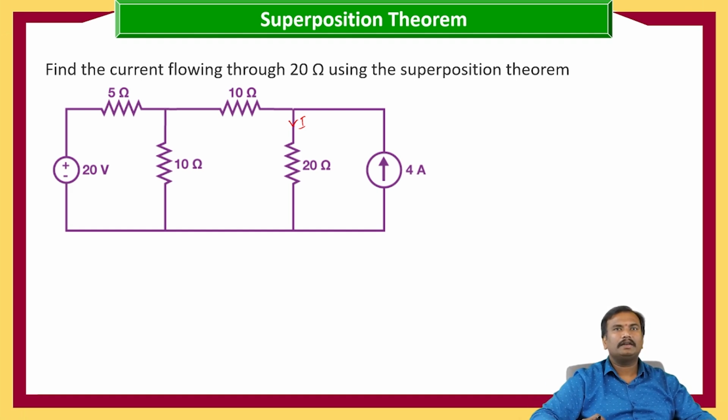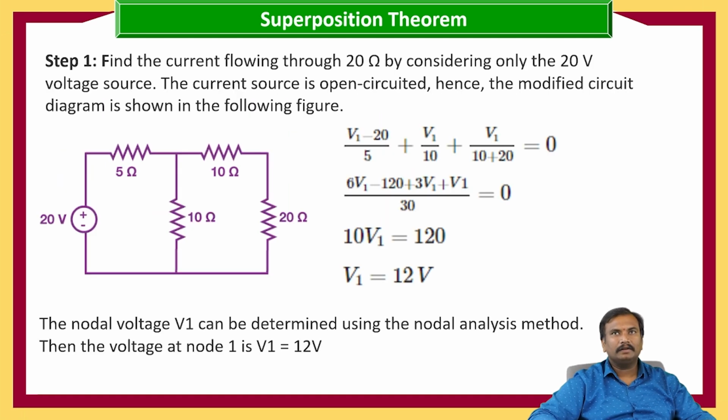Now let us go with the 20 volt source acting, and the current source is open circuited, so it is not connected. Now we need to calculate what is the current I dash.